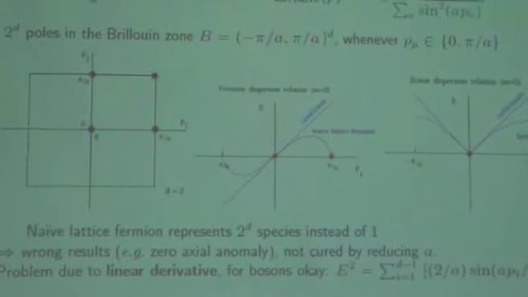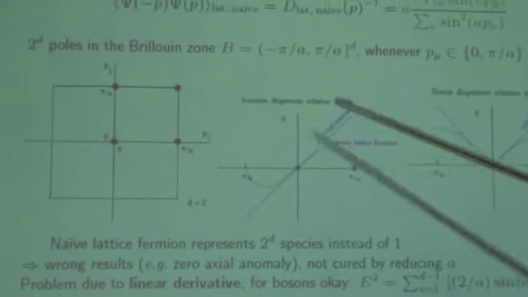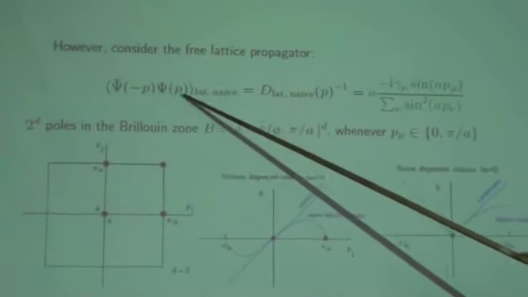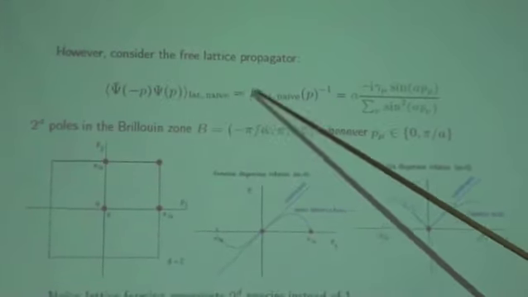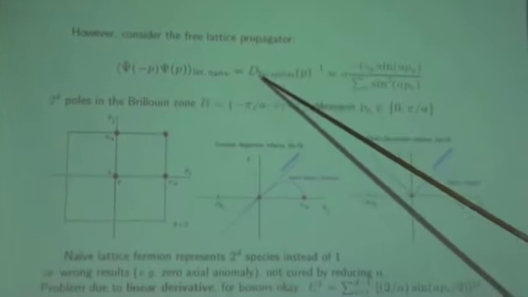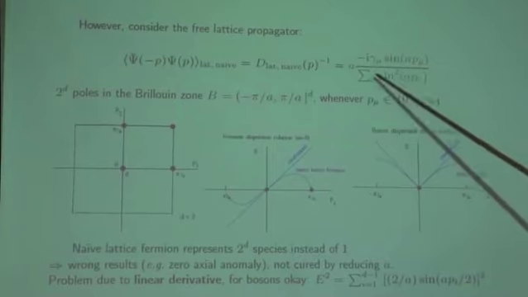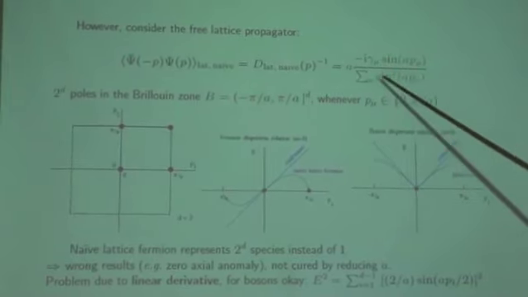And the problem is, if we now look at the lattice propagator, this is the inverse of this object, let's say we multiply by this, so we have a denominator which is well controlled.